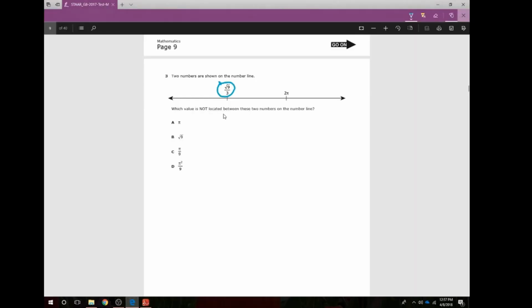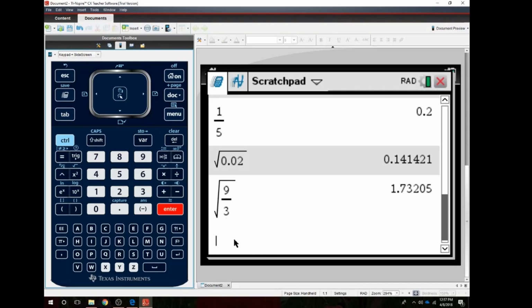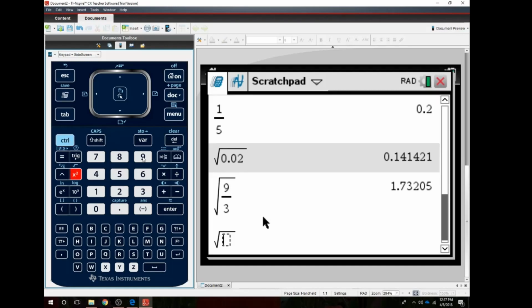Let's go back to our problem. Are the 9 and the 3 both under the square root sign? It's pretty easy to see that they're not. So in our calculator, we press Control x squared just like before, but my cursor's under the square root. I need to press this arrow button over.